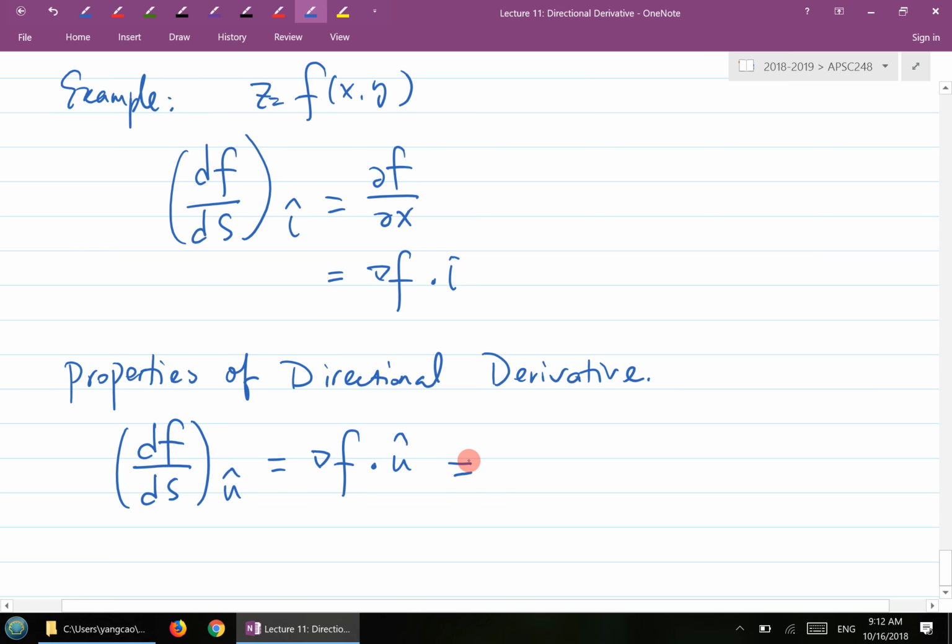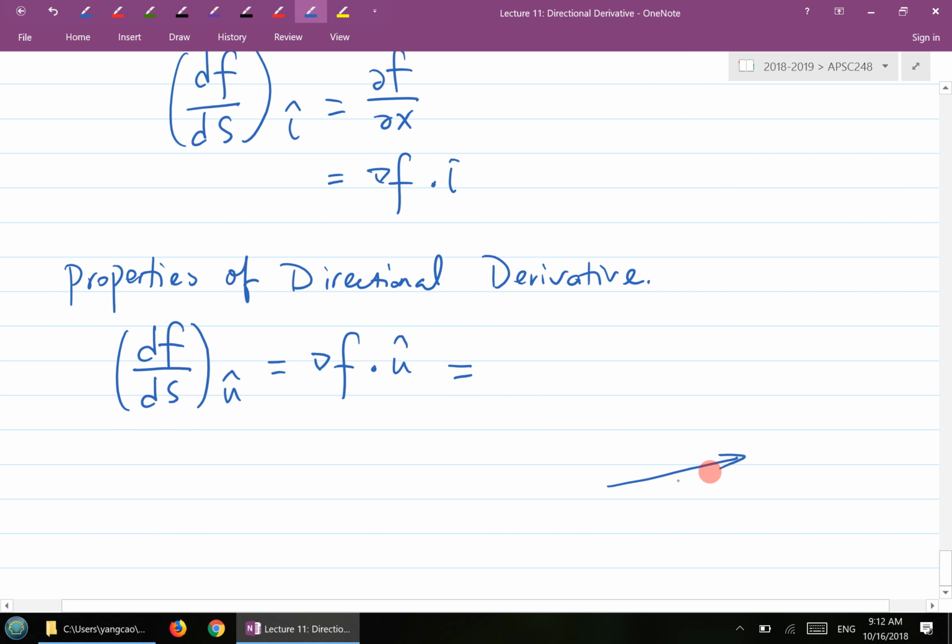Now, if I consider this purely from a vector point of view, that's two vectors with a certain angle in between. According to the dot product formula, you can write it as the magnitude of del f multiplied by the magnitude of u hat, multiplied by cosine theta.